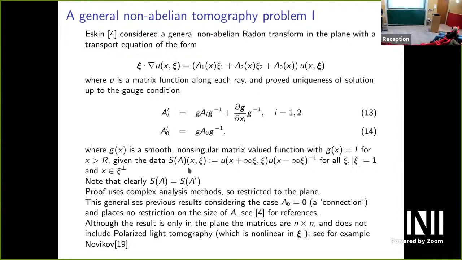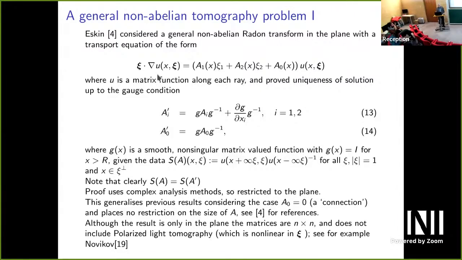So what Eskin said was you've got a function of x and xi, in other words, of lines, right? And you've got this transport equation, in other words, the directional derivative in the direction you're going is something multiplied by u. Okay, so u is a vector. And while the space is two-dimensional, the vector could be any dimension, right? In our case, we're thinking of a plane at a time, and our state is the polarization. But it works for any dimension of u.